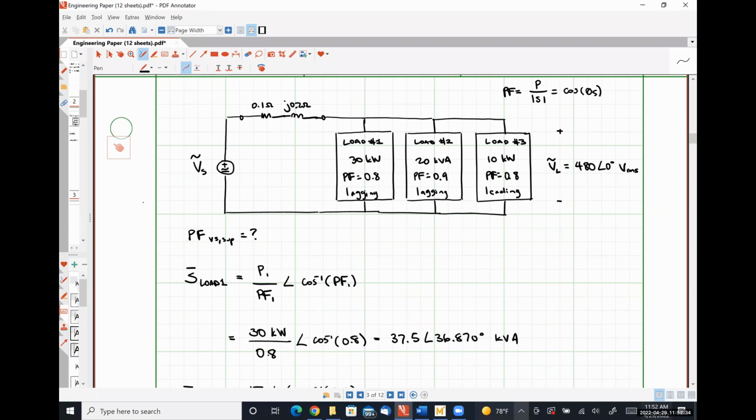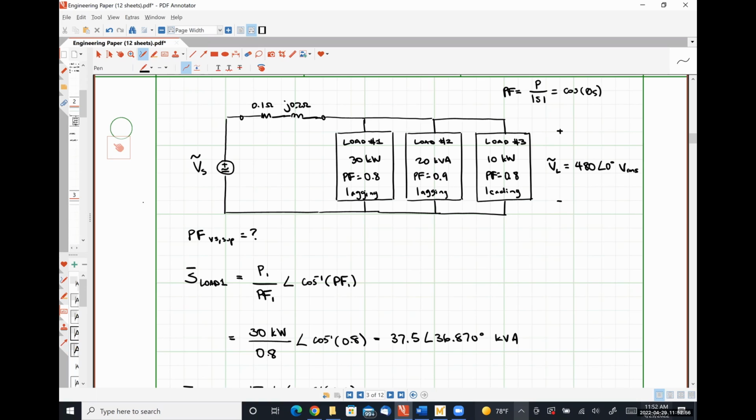So to determine the complex power absorbed by our transmission line, we're going to need to know one of two pieces of information: the voltage drop across our transmission line or the current flowing through our transmission line.